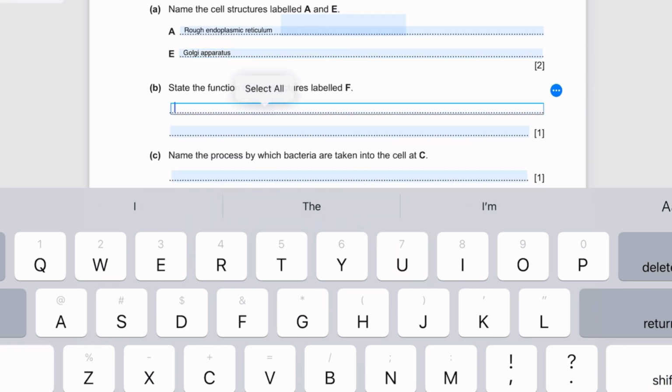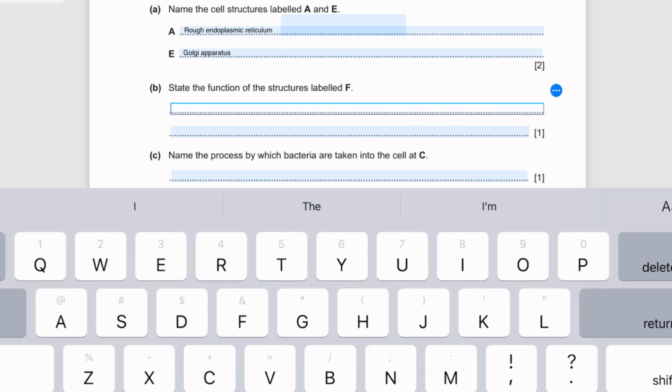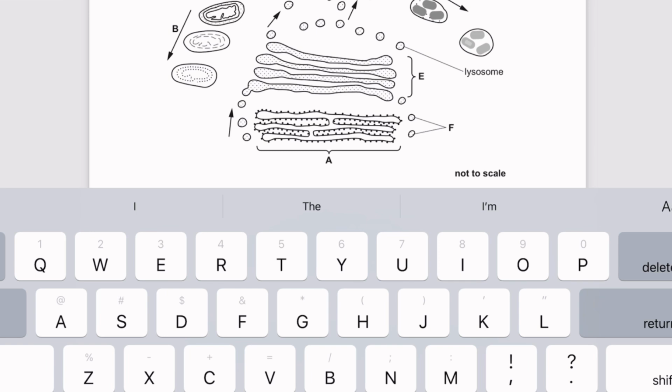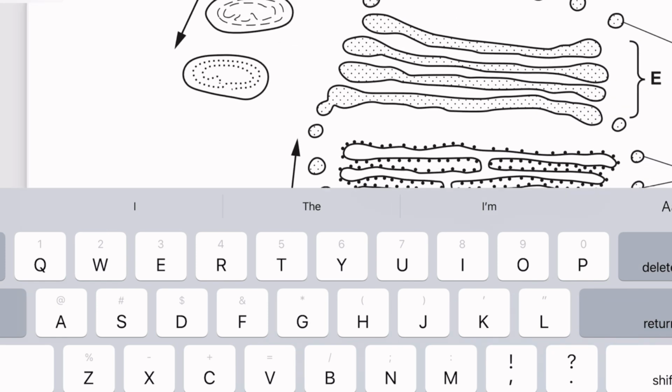Okay, state the function of the structure labeled F. Where's F? F over here is a vesicle that's moving, using these arrows, from the endoplasmic reticulum to the Golgi apparatus.